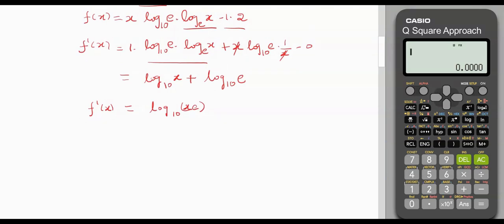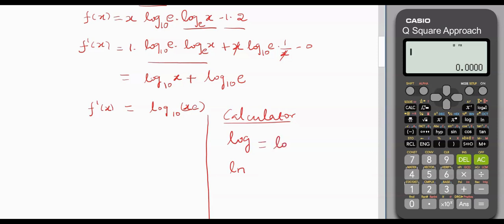In calculator, we have two buttons like this. This log button and ln, natural logarithm. This log button is used for log base 10 x, and this ln is used for log base e x.